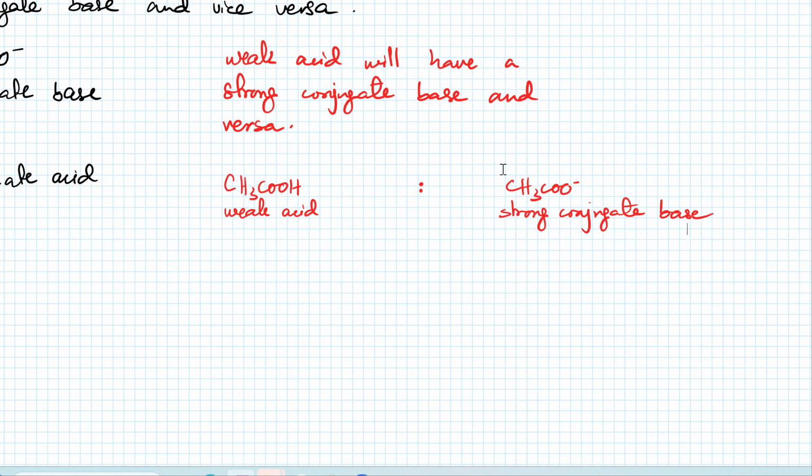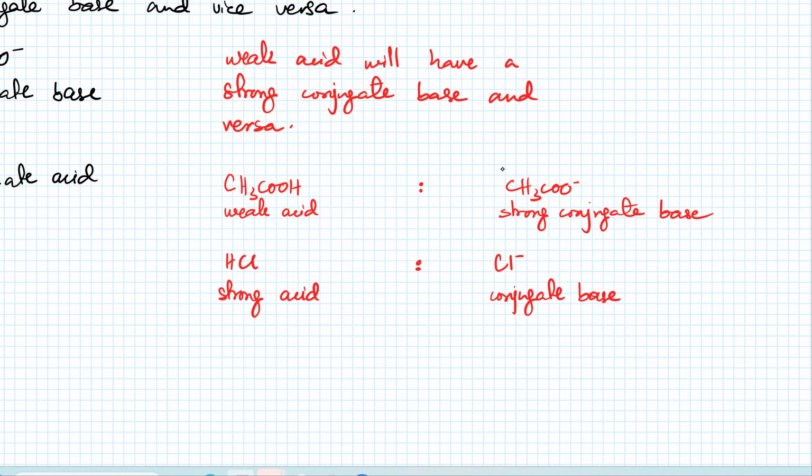Okay. And vice versa, if you've got a strong acid, for example, look at HCl. Its conjugate base would be just Cl minus ions. That would be the conjugate base.